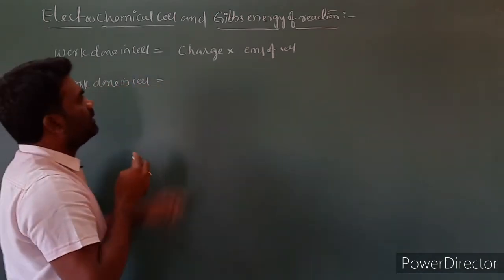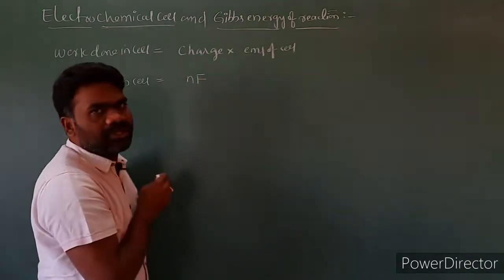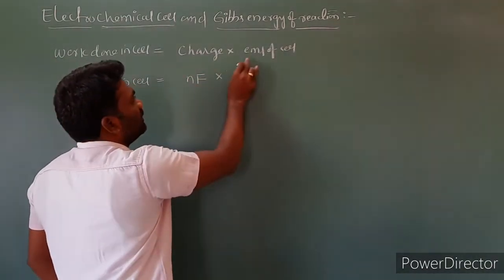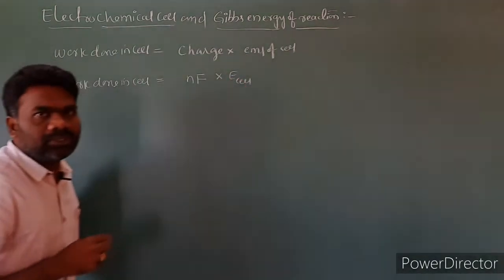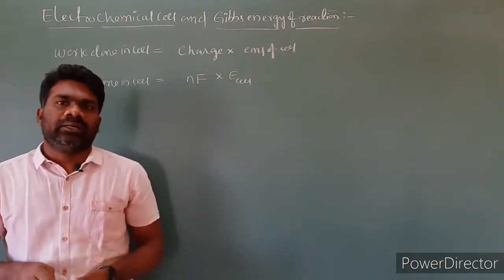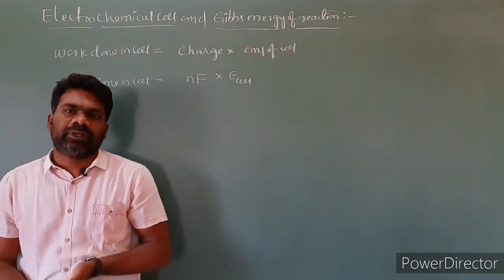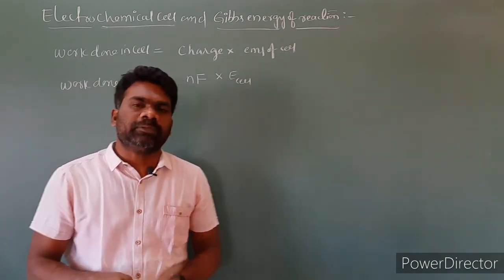So the work done in the cell, the total charge passed we have taken as nF, where F is the Faraday constant, and the EMF of the cell we have taken as E cell. So this is the equation. Next, the reversible work done in a galvanic cell is equal to the decrease in its Gibbs free energy.